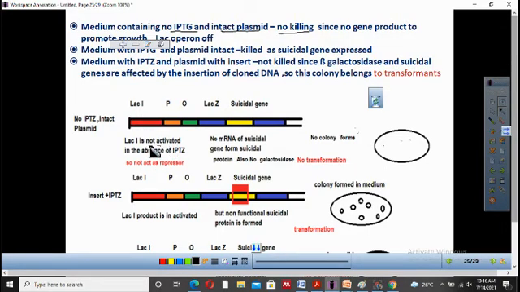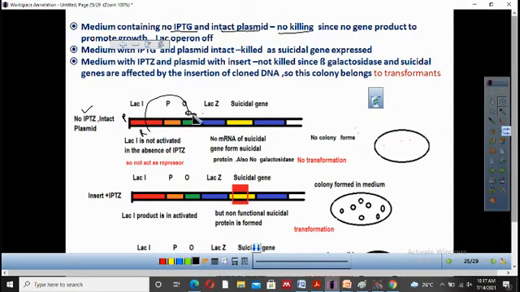Lac I is expressed. It will form the repressor in the absence of IPTG, because it has got its own promoter. So in the absence of IPTG, this lac I is produced, and it will bind with the operator regions.